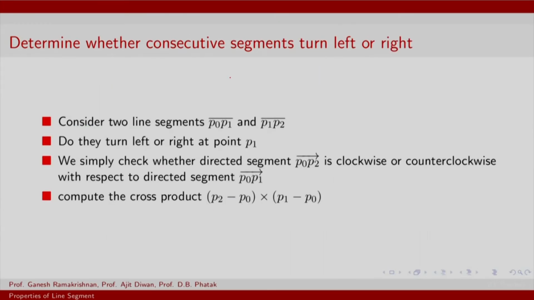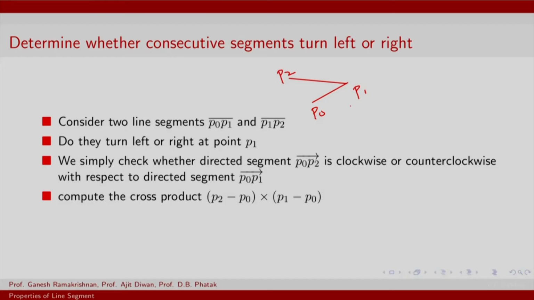How about two arbitrary line segments P0 P1 and P1 P2? So what does this mean? Well, this means P0 P1 and P1 P2, now we will not make any specific assumption about P1 or P0 or P2.